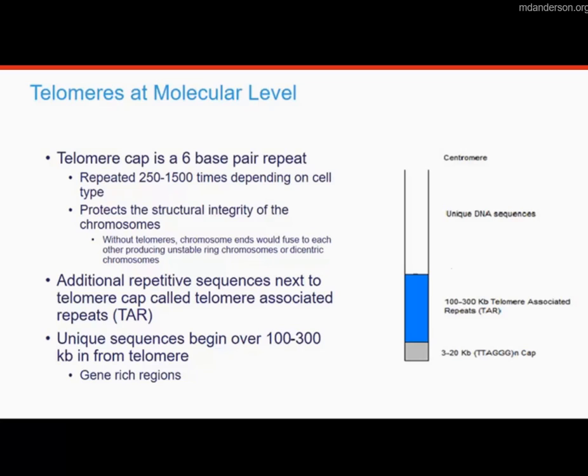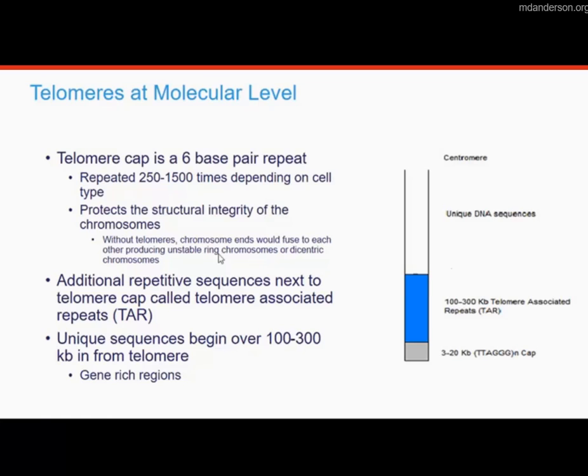Because as cells go through cell division, every passage in a normal non-cancerous cell, the telomeres shorten somewhat. Their purpose is to protect the structural integrity of the chromosomes. Without the telomeres, they could form rings, they could form dicentrics, so they have to have something to protect them from sticking to other things.